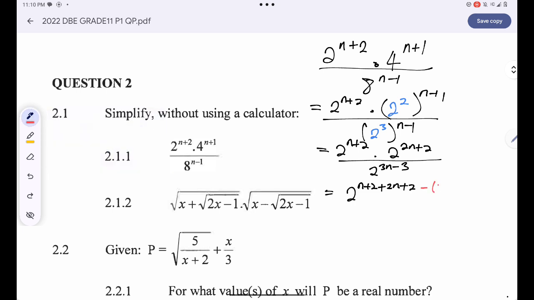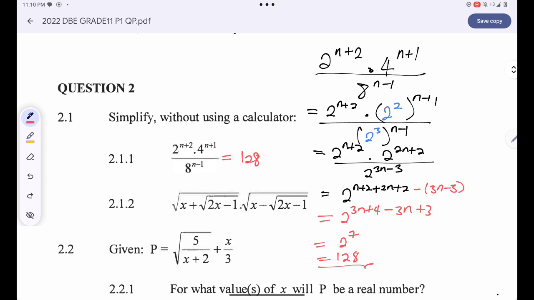I'll say negative 3n minus 3. So now I'll simply have 2 to the power 4n plus 4 minus 3n plus 3. Are we together? So I know that the 3n's will subtract one another, and I'll end up having 2 to the power 7, which will give me 128. So this is equal to 128.